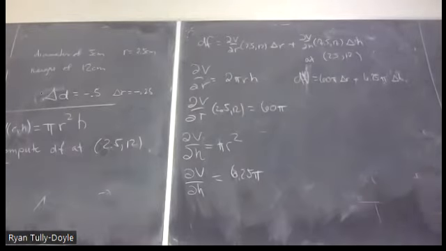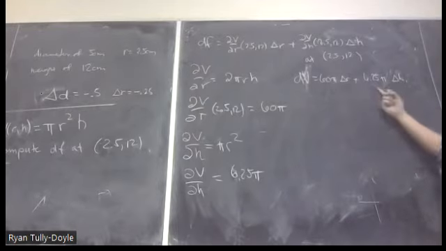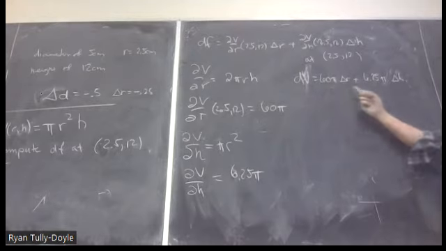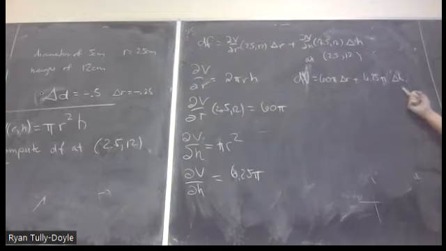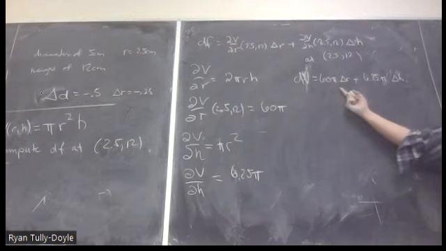And what is the relationship between an equal change in radius and an equal change in height? What's the factor of multiplication between these two things? It's 60 divided by 6.25, so it's about times 10. You need 10 times the change in height to make up for a change in radius.